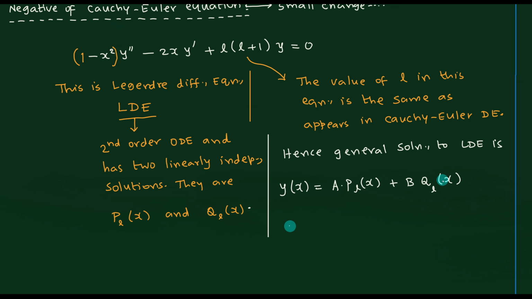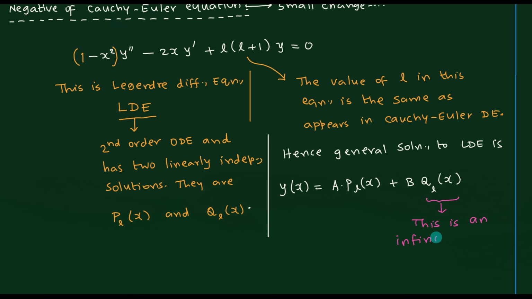Because of that reason, we have to be careful, and therefore let me write down this note. The note is that this QL of x, known as the second Legendre function, is an infinite series.